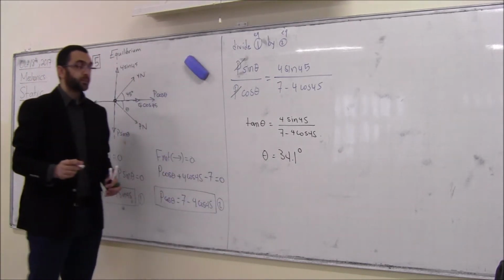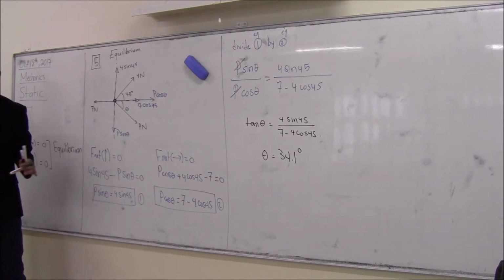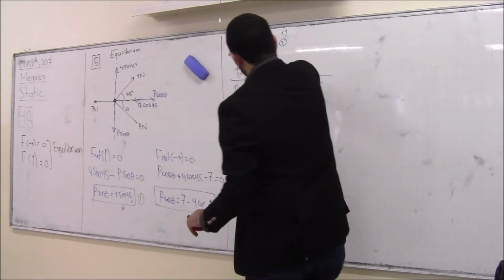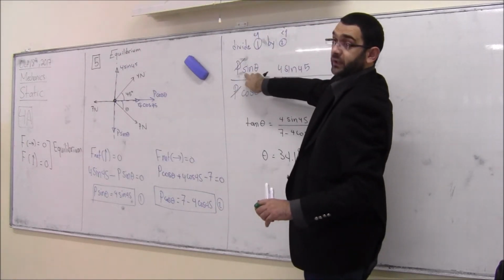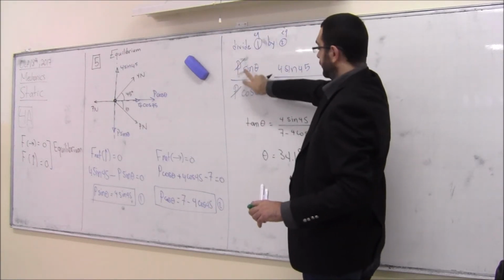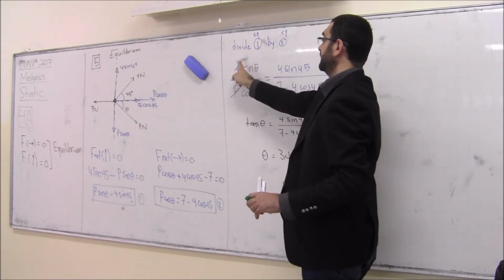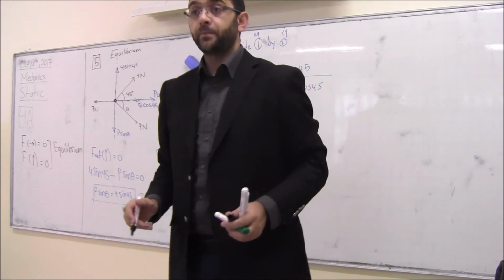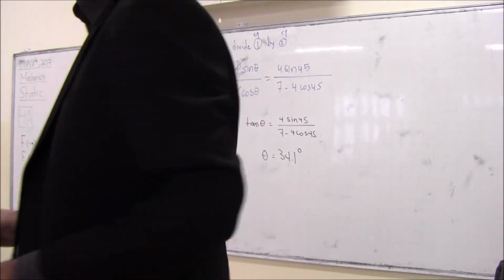Don't forget the degree. I arranged the equation so that I have sine over cosine, I will have tan, and the value of P will be cancelled out.